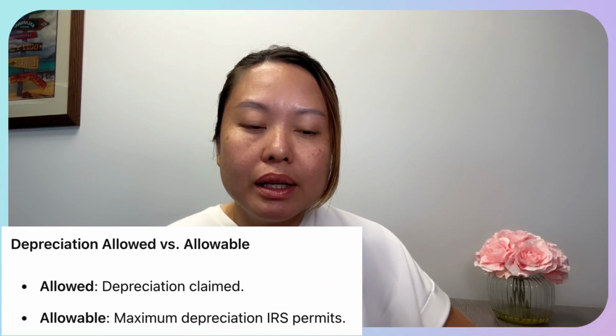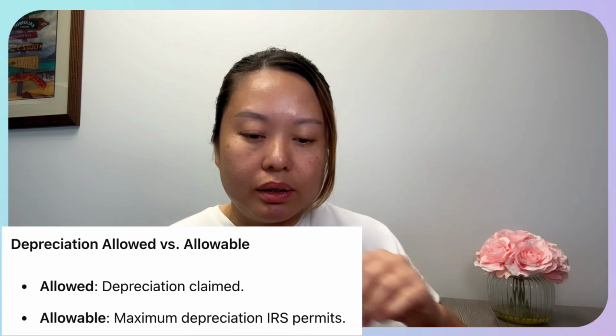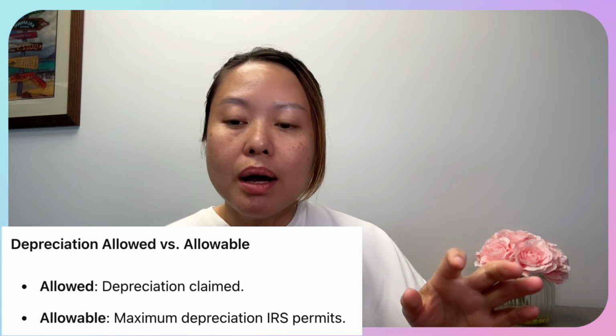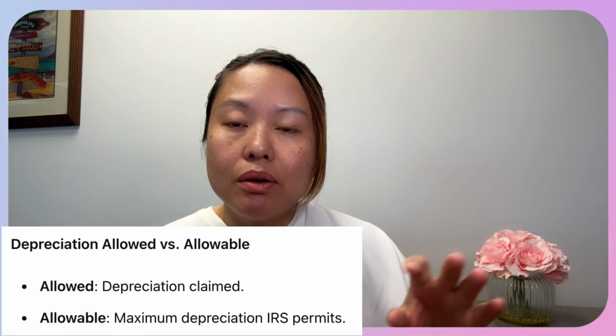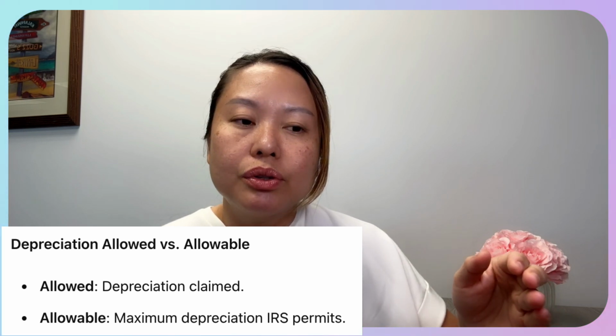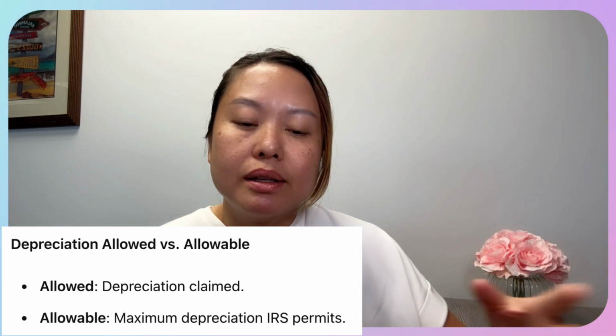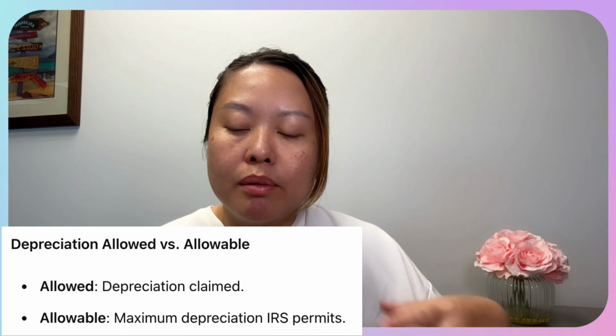Let's say, for example, your accountant makes a mistake. Your allowable depreciation, the amount that the IRS allows you to depreciate on that property, is say 100K. But for some reason, the basis was messed up previously.